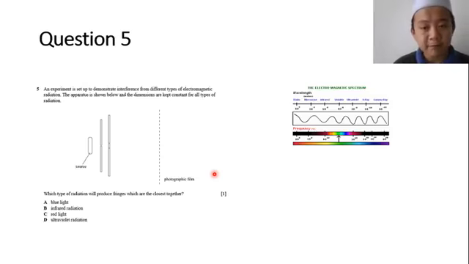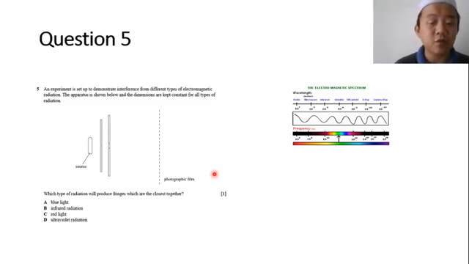Okay, question number 5. An experiment is set up to demonstrate interference from different types of electromagnetic radiation. This question is asking which type of radiation will produce fringes which are the closest together. So here you have to recall the order of the electromagnetic spectrum along with its wavelength and frequency.